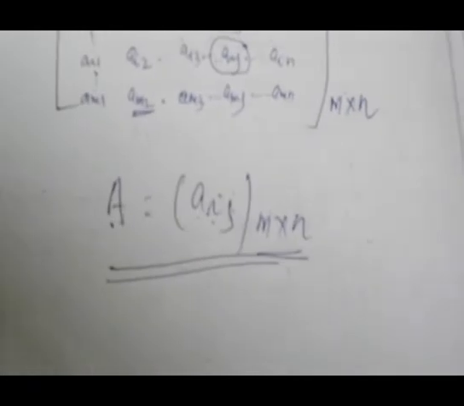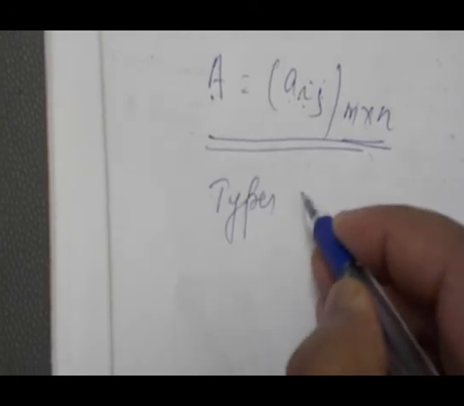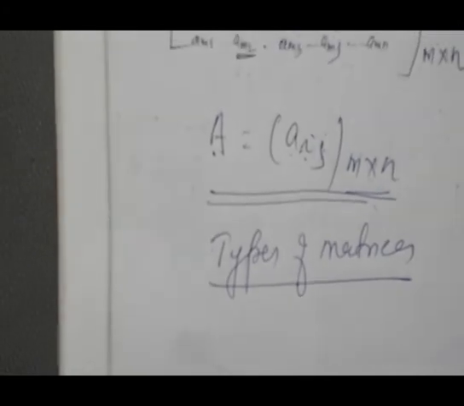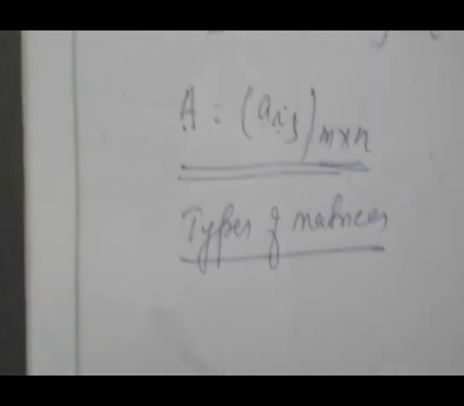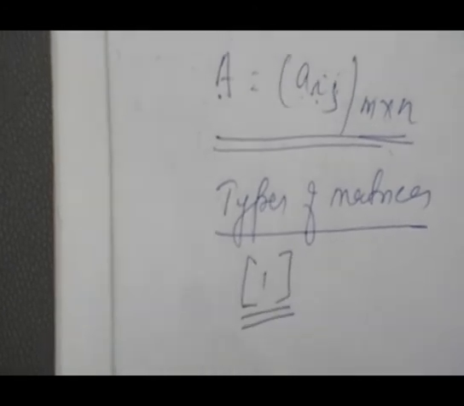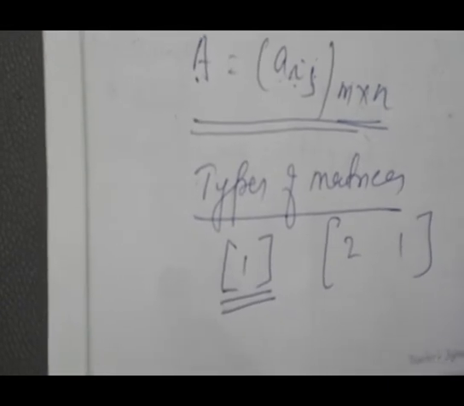Now we are going to learn about the types of matrices. What about this matrix, 2, 1, 1, 2?